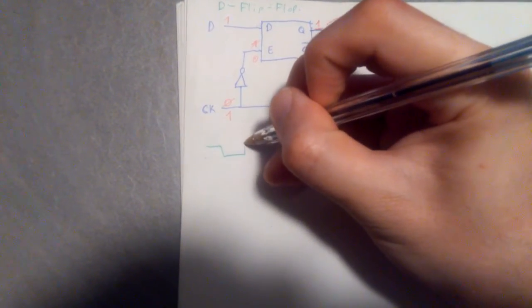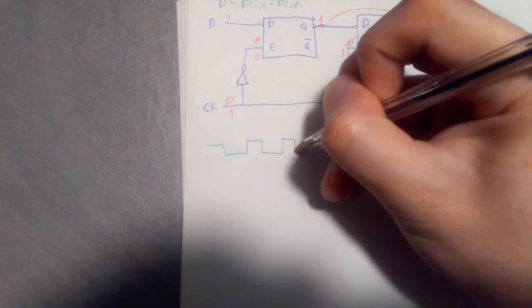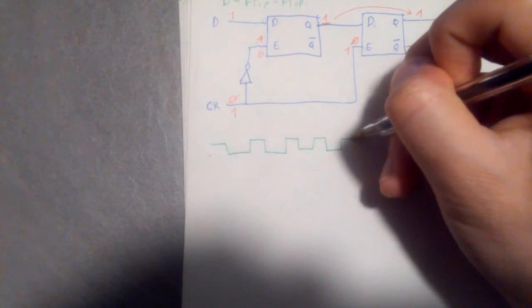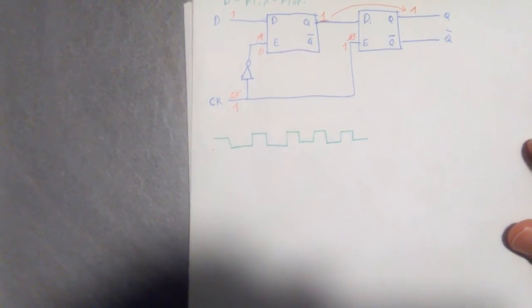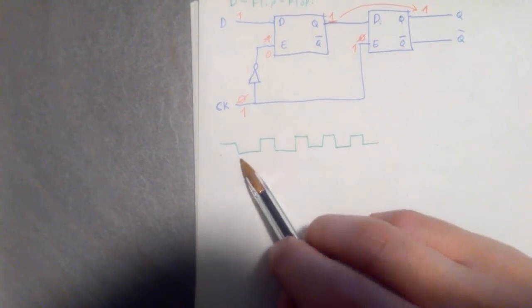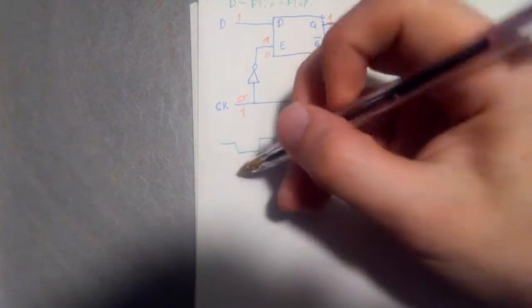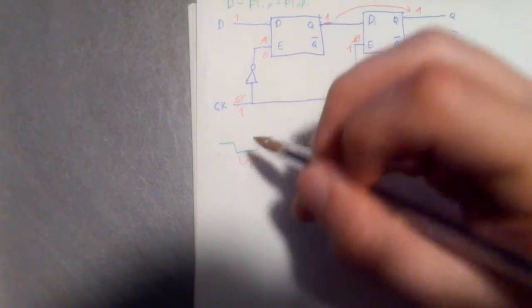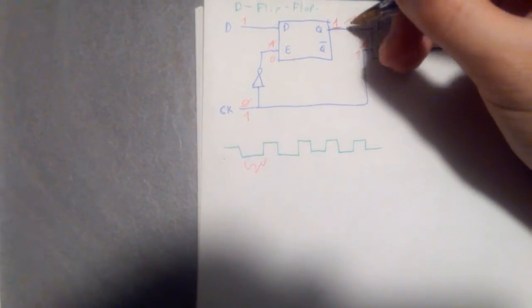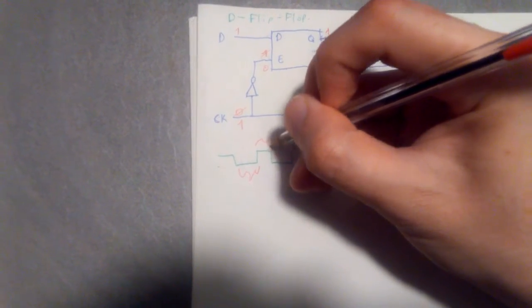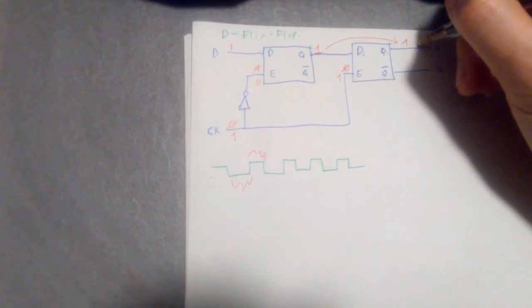With a D-type flip-flop, if we have something like this, when the clock is low, like here, the data is just forwarded to this intermediate point, and when the clock is high, it's then forwarded onward.